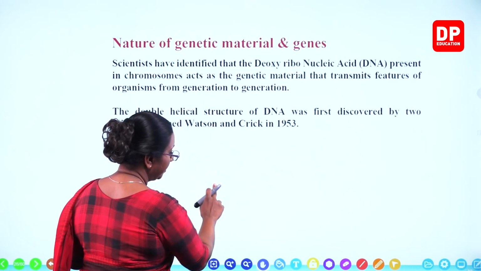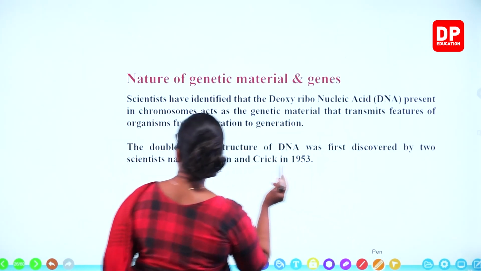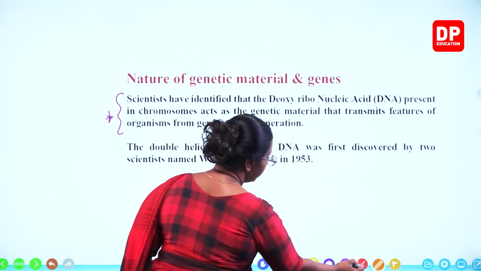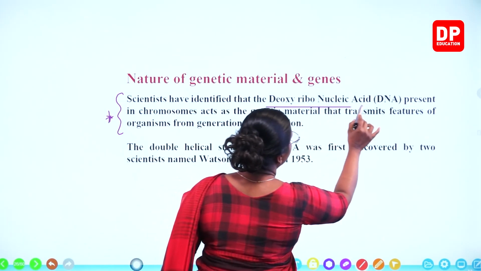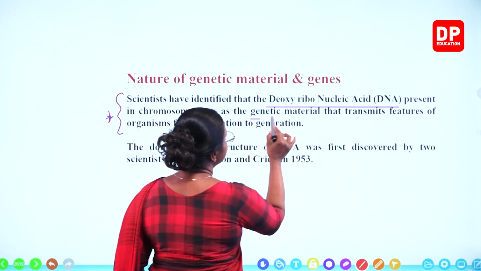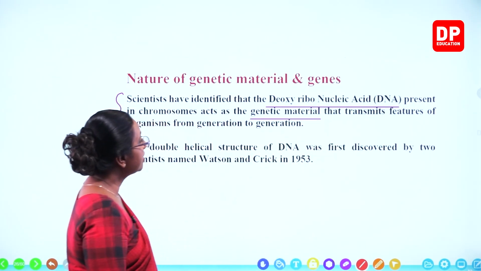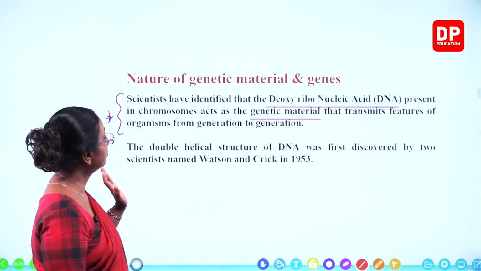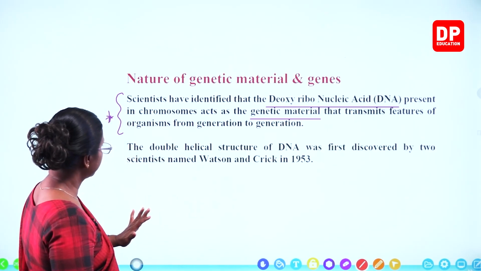This is a concept that you already know. You are familiar with deoxyribonucleic acid, that is DNA, the genetic material that transmits features of organisms from one generation to another generation.